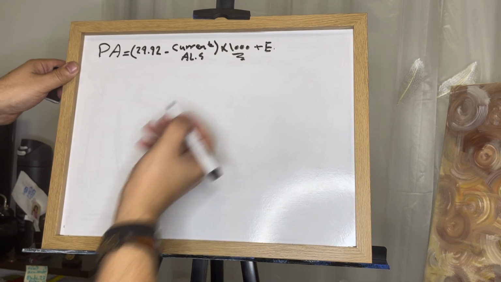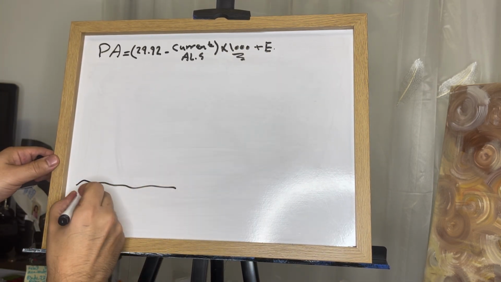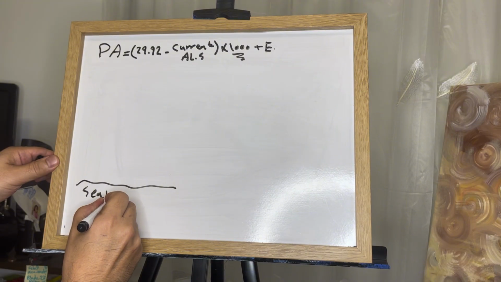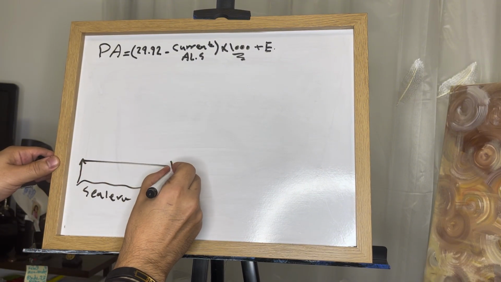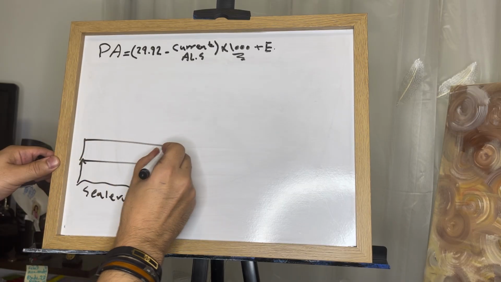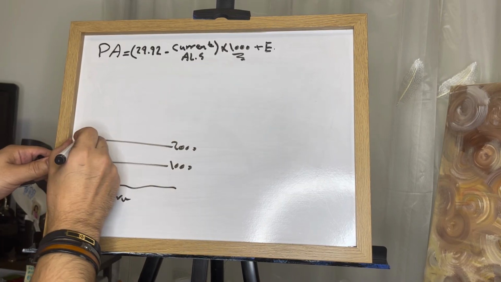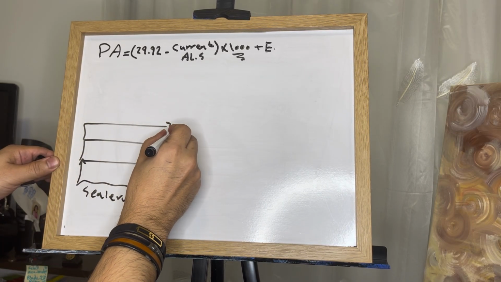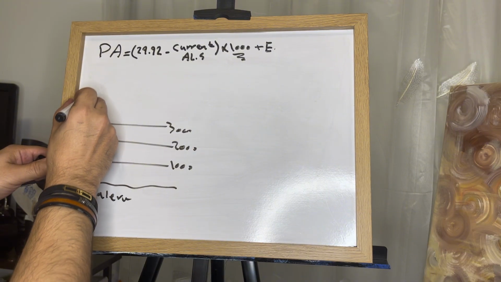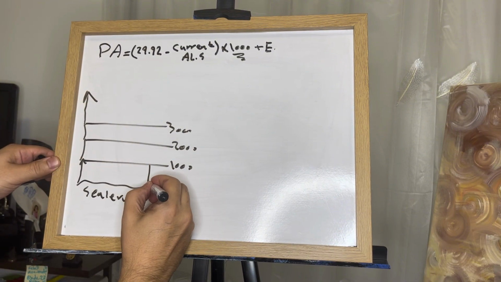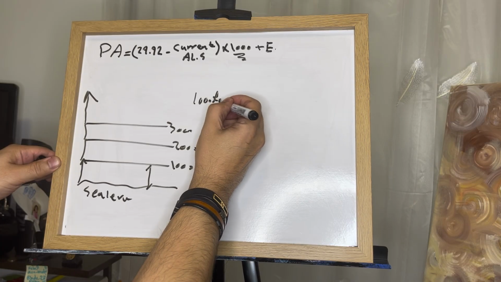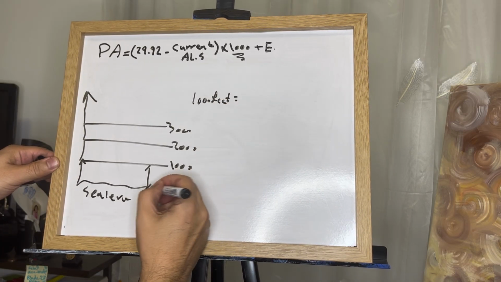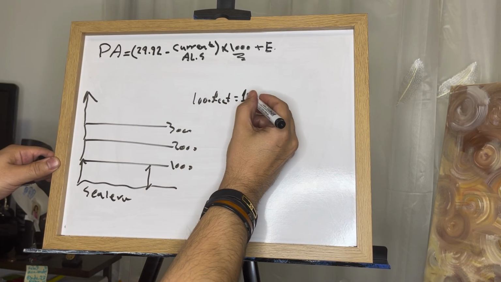What's the 1000 feet? From sea level, when going up, 1000, 2000, 3000, and going up, for each 1000 feet, the pressure decreases by 1 inch of mercury.